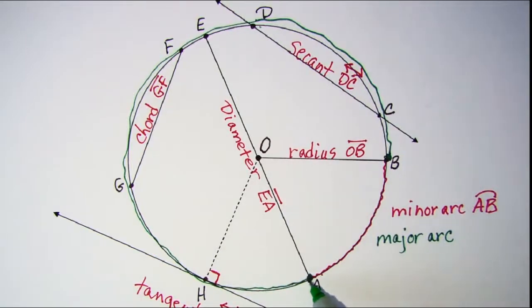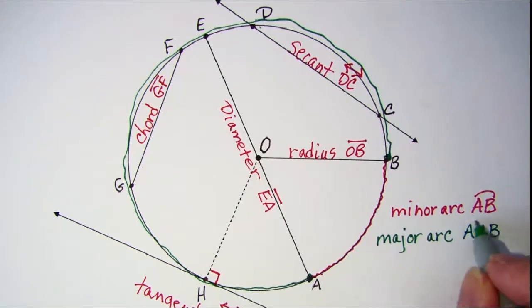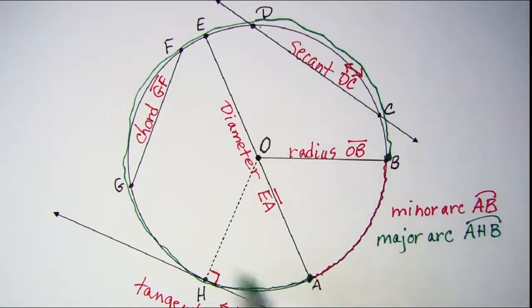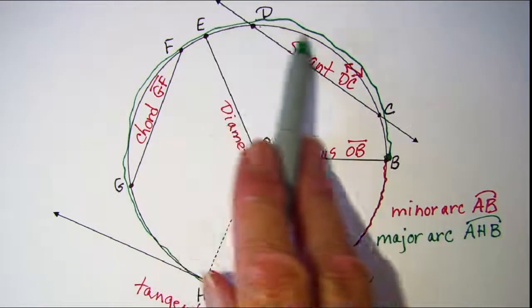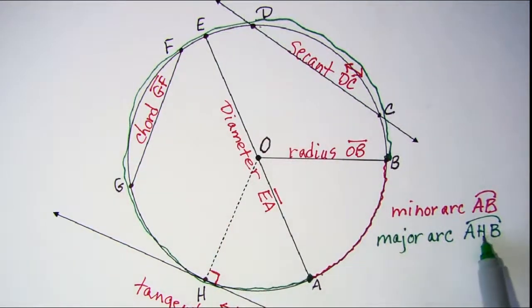So let's just call it AHB. We could have said AGB or use any of these other letters in the middle here.